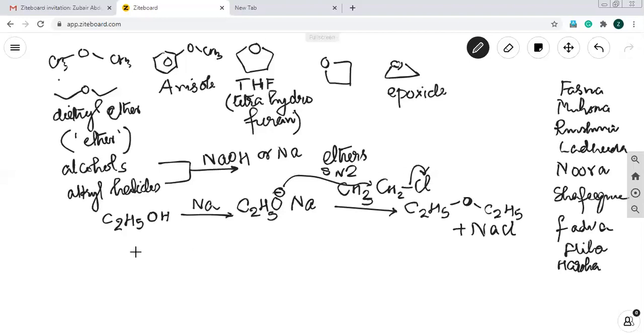Now, if you take phenol, you can simply take sodium hydroxide because this is highly acidic. This is not much acidic, very weakly acidic.